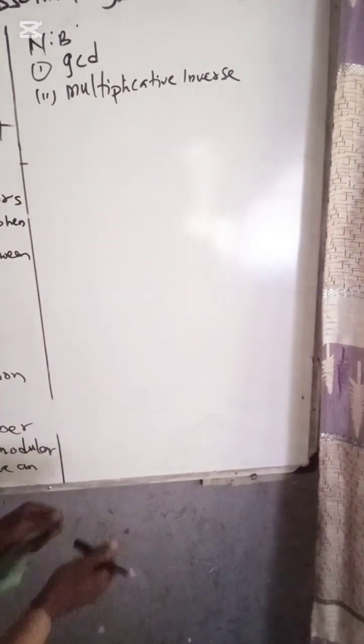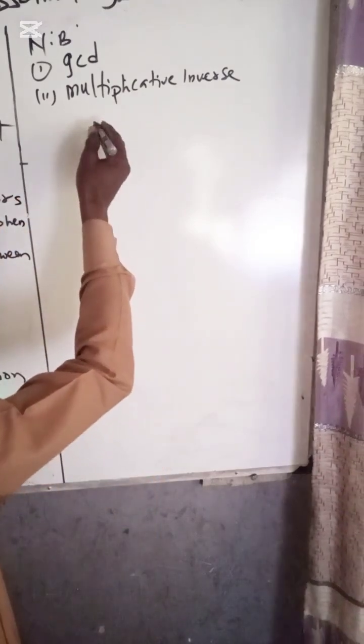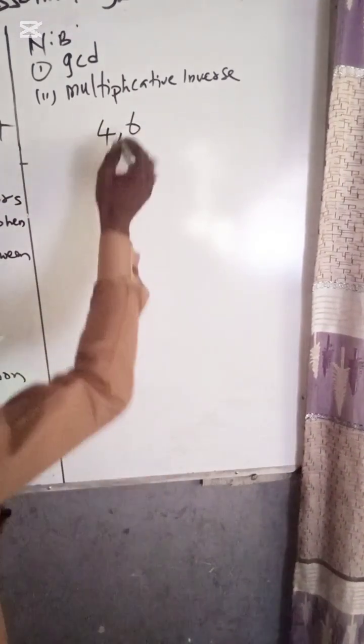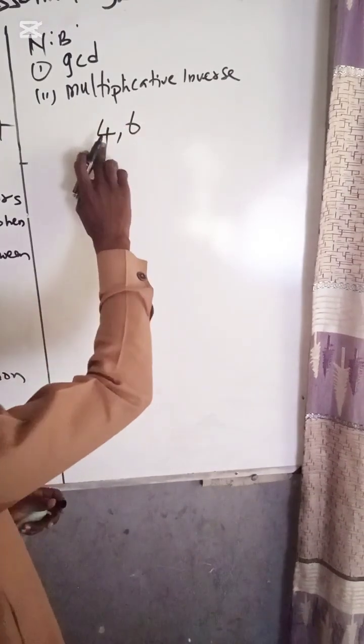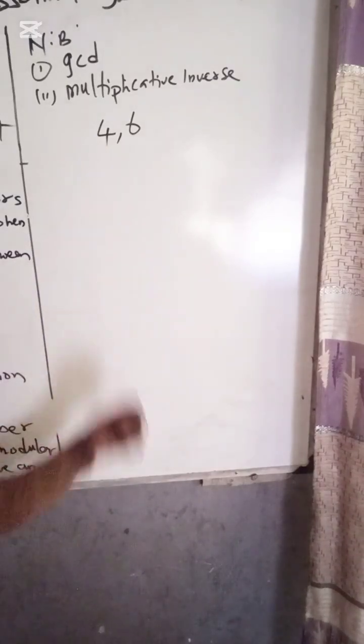However, we could be given questions like this. Let's say you have 4 and 6. Here, you have more than one GCD. 1 is one of them. 2 can divide 4. 2 can also divide 6. That means your GCD is now up to 2.